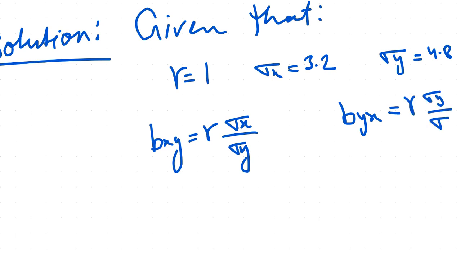So r is 1, sigma x is 3.2, sigma y is 4.8. bxy, byx: 1 into 4.8 over 3.2.